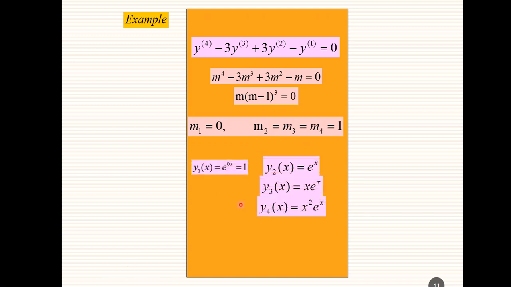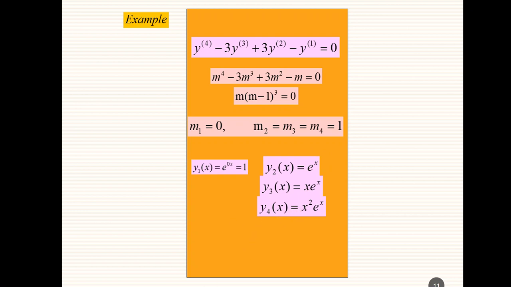This will be the form of the terms of your general solution. e raised to 0, which is 1. Then we have e raised to x for all the ones, 1 being the argument here of the e, and you need to modify the last 2. That way it will not be similar to the first. So this is x now, the multiplier, and this is now x squared as the multiplier for this.